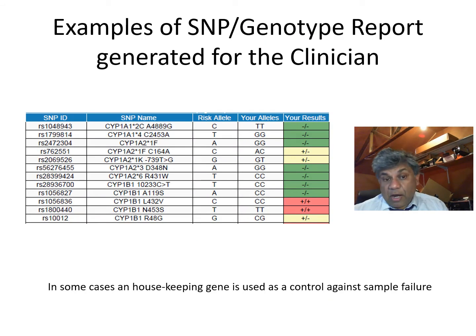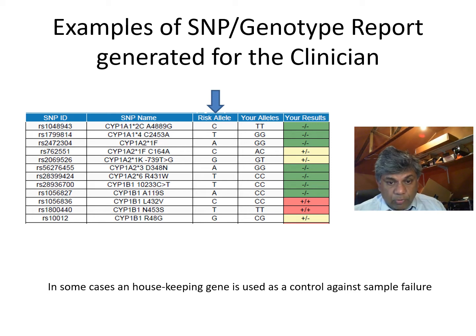Once the PCR reaction has finished on the machine, the scientist will start generating a report for the clinician. In this example, it shows a SNP genotype report where the various SNPs have been amplified and a report generated, and it shows what the risk allele for each of those SNPs is in this column here.